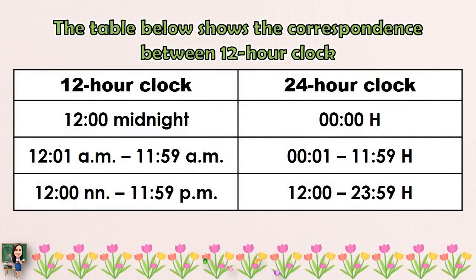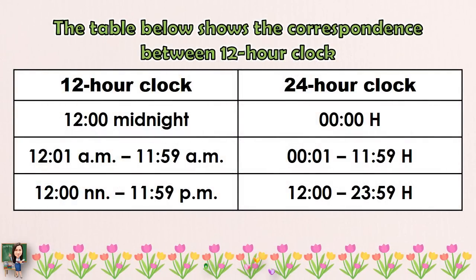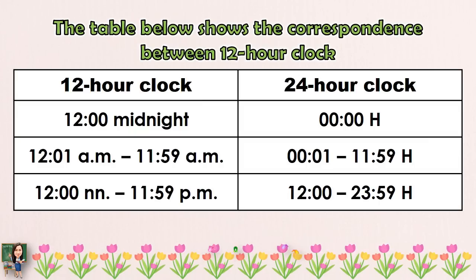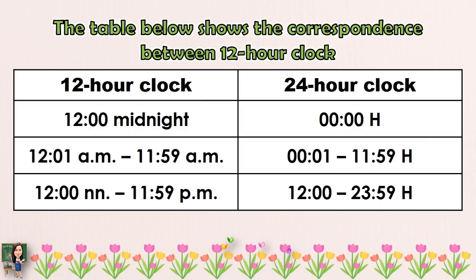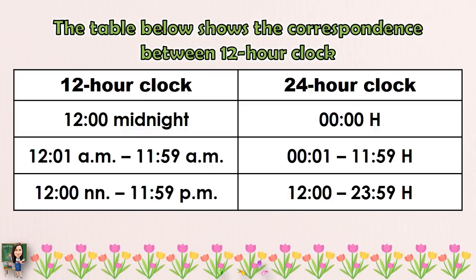The table below shows the correspondence between the 12-hour clock and the 24-hour clock. In the first column, we have the 12-hour clock, and in the second column, the 24-hour clock. 12 midnight is written as 0000 hours.